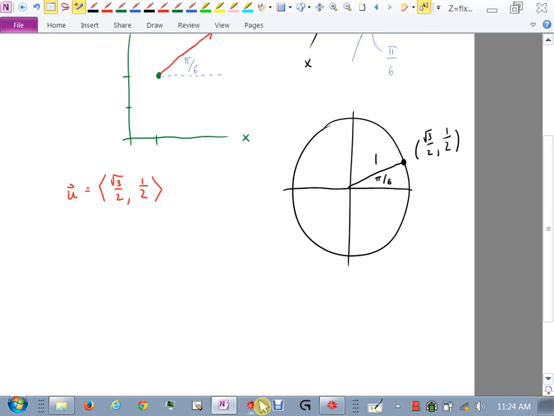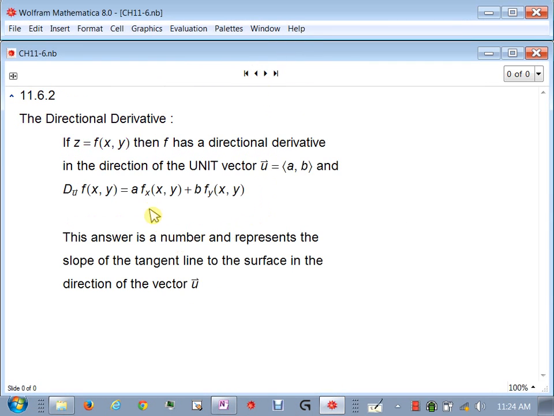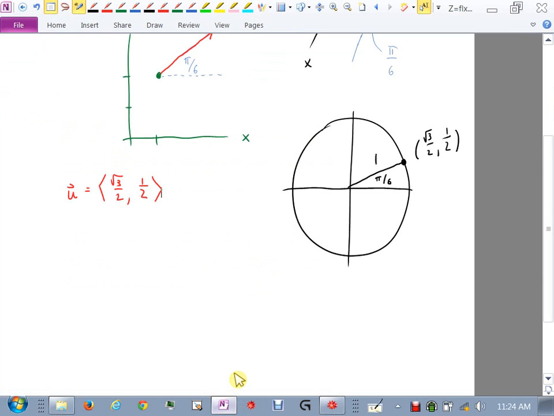So remember, I'm trying to use this formula right here. In order to use it, I need to know what u is, which I've got. I also need to figure out the partial with respect to x and the partial with respect to y. So let me go ahead and do that now.